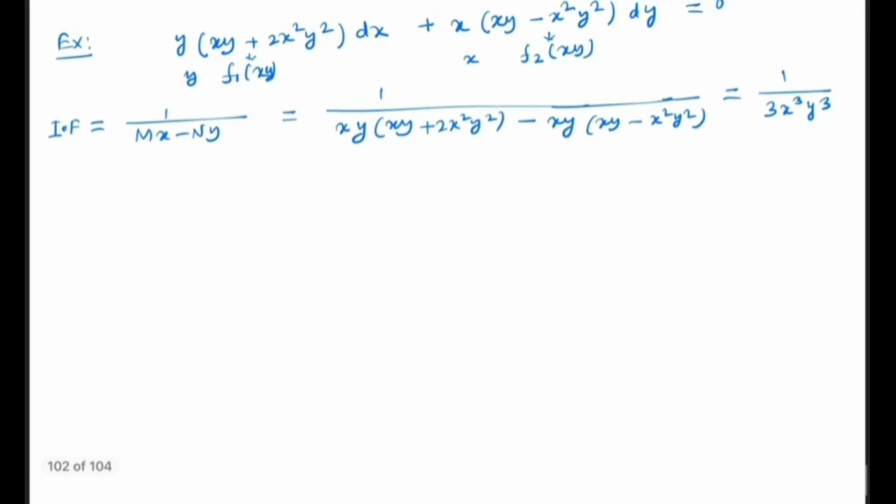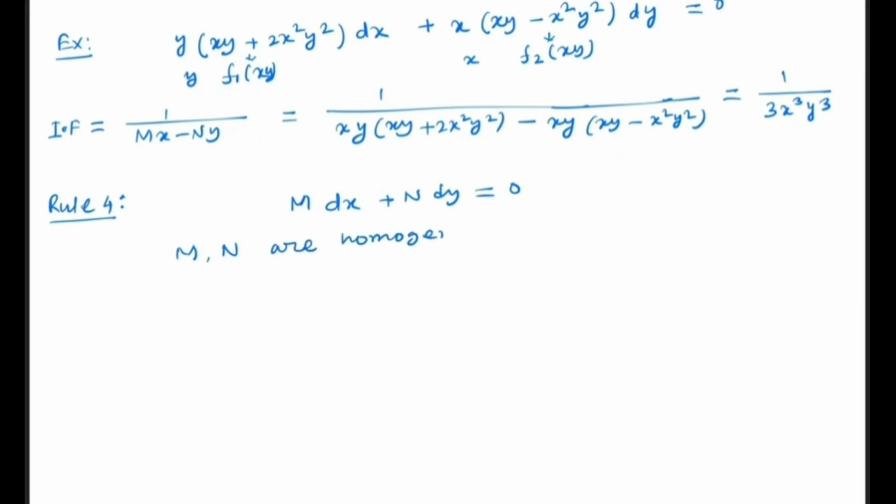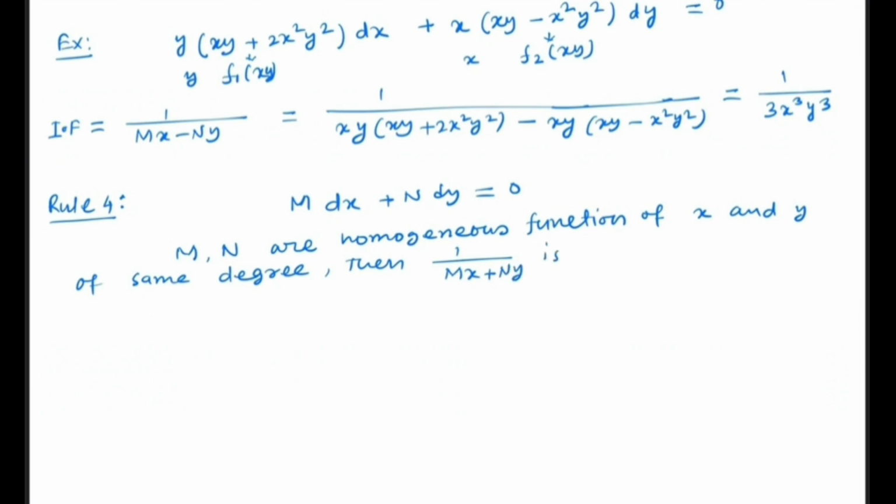Okay. So next come to rule number 4. If the equation M dx plus N dy equal to 0 has the following form, where both M and N are homogeneous functions of x and y of the same degree, then 1/(Mx plus Ny) is an integrating factor, provided Mx plus Ny is non-zero.